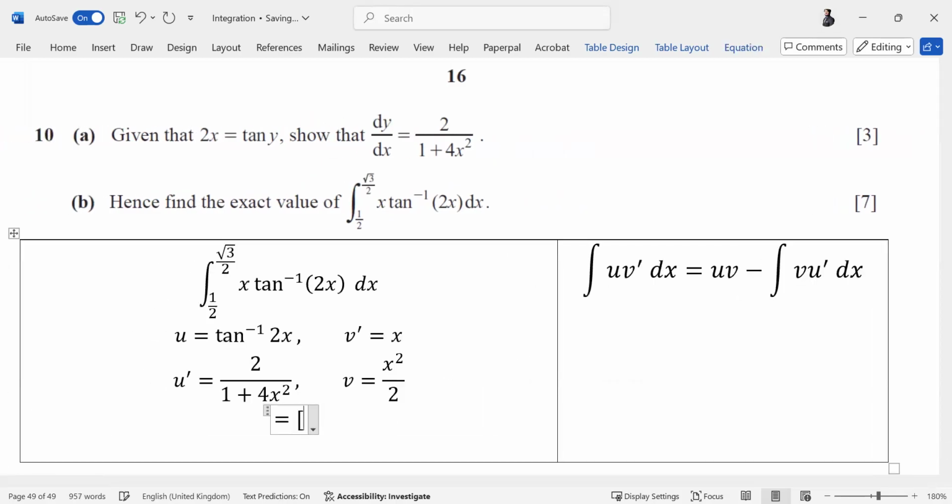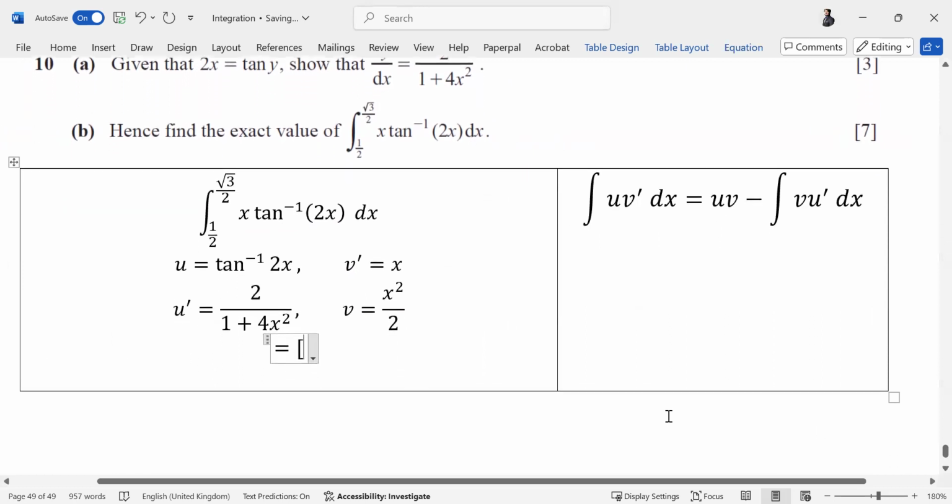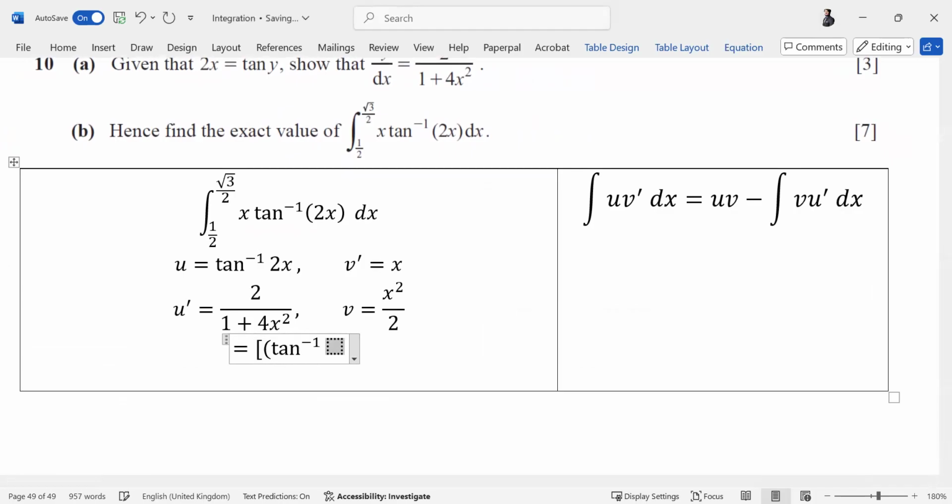So I'll use long brackets for the limits because the limits have to be applied on the entire thing. What is my u? That is tan inverse of 2x. What is my v?